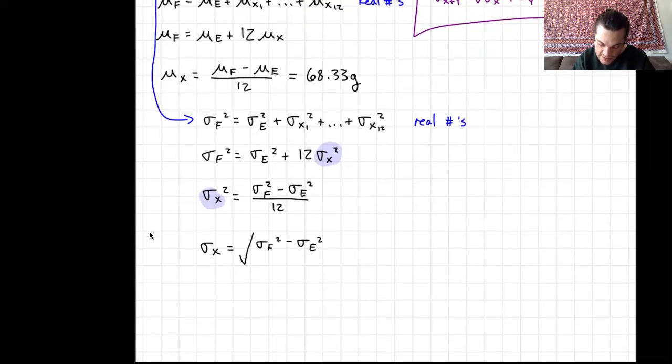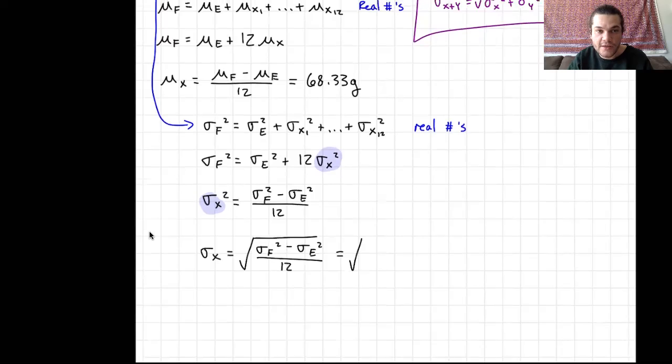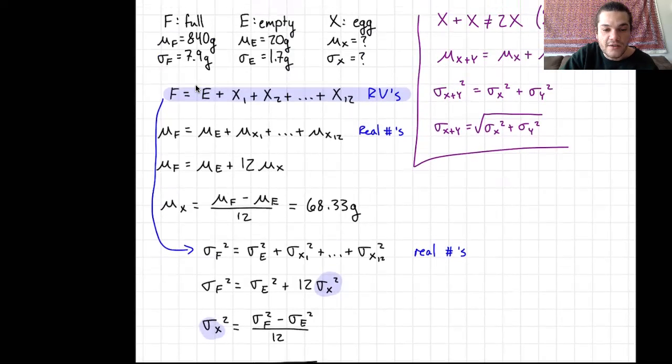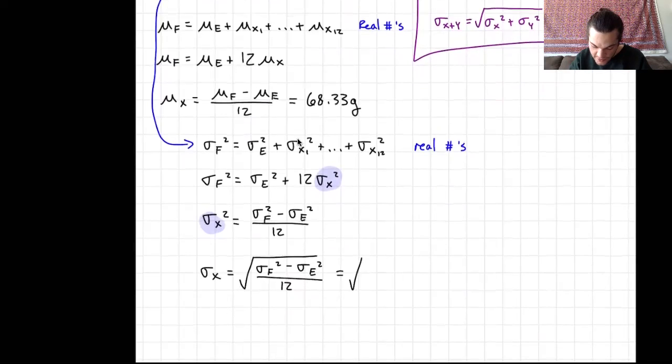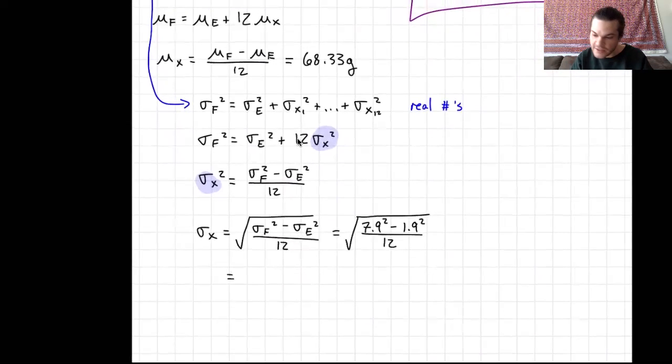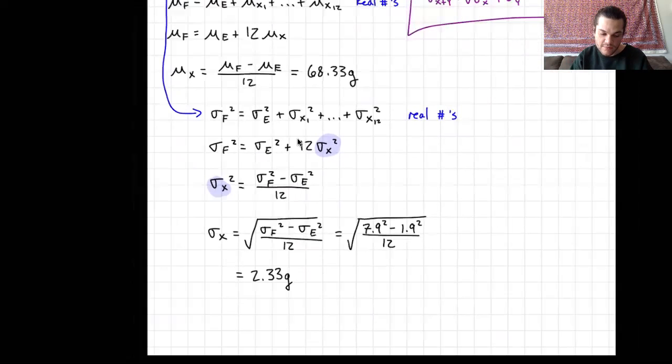Can't separate the legs. Can't just split up that square root. So in the end, we want the square root of the variance of F minus the variance of E, divided by 12. So that would be 7.9 squared minus 1.9 squared all over 12, and this whole thing is under a square root. So my final answer here is 2.33 grams.